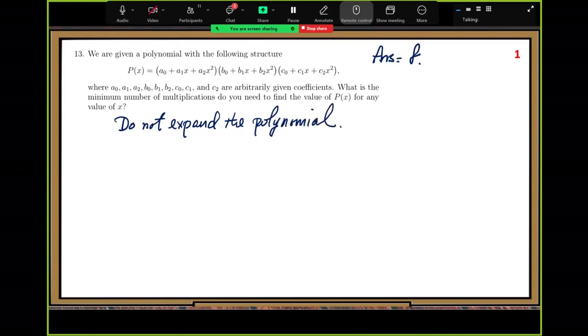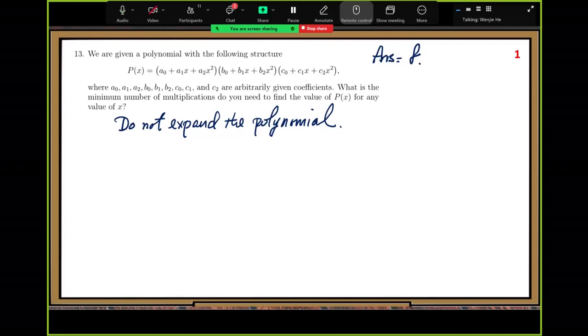A few students expand the polynomial, then count the multiplications. In that way, your number of multiplications is much bigger than what we have without expansion.